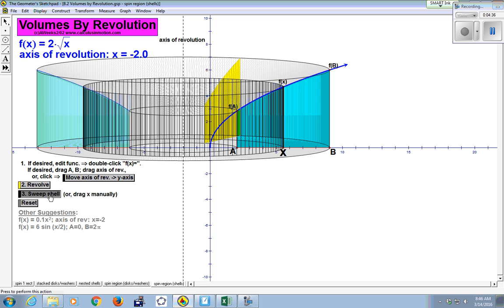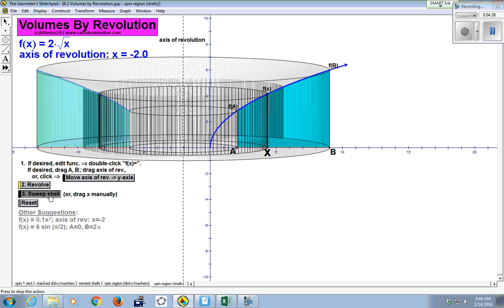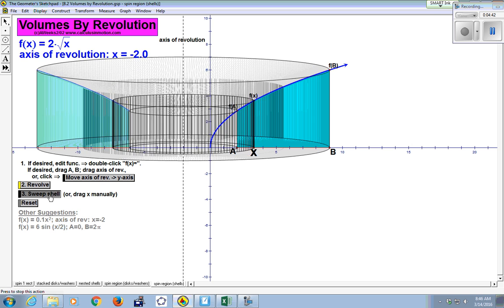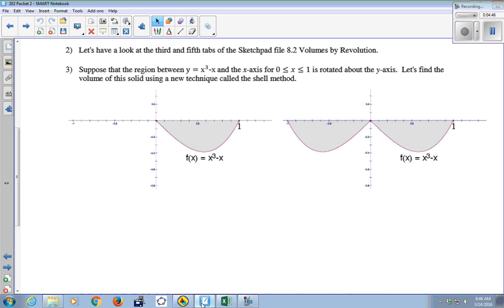And then you can see the shells. We call this cylindrical shells or nested shells, which is the name of the method. Okay, so we'll do an example, and hopefully that will make things clear.